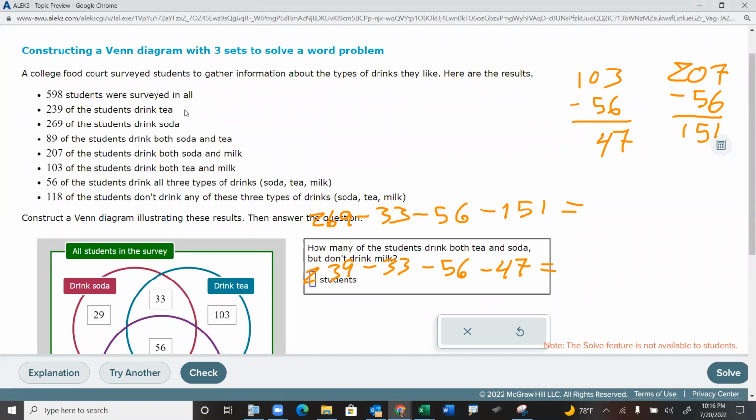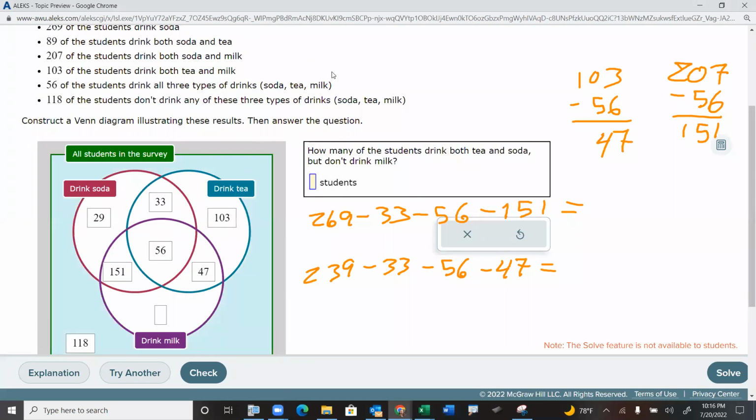598 students were surveyed in all. So we do something very similar again. Out of 598, 29 and 33 are accounted for, and 56 and 151 and 103 and 47 and 118.